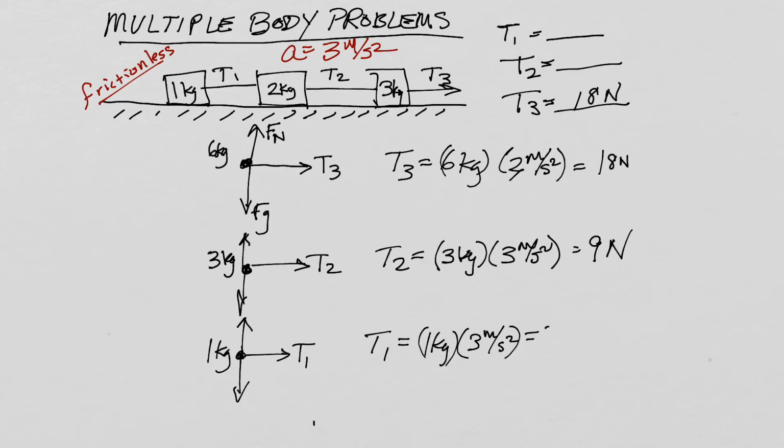That equals 3 newtons. So in this case, we have 3 newtons, 9 newtons, and 18 newtons. It's very important to get the order correct, so note that the largest force pulls all three masses. The middle force pulls 2 masses, and the smallest force pulls only the 1 mass.